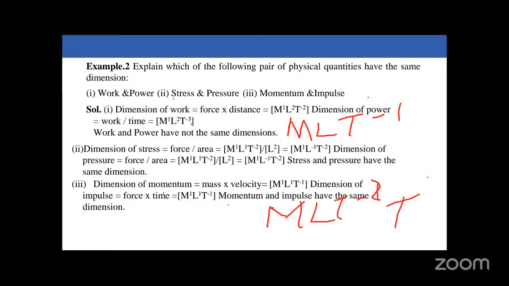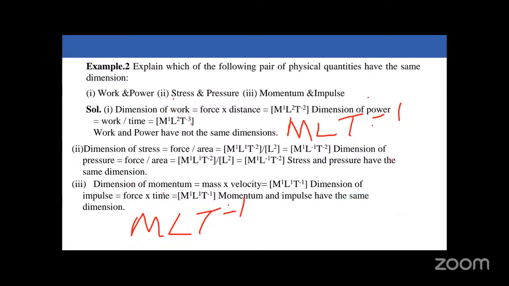Force is MLT minus 2, time is T raised to 1. So if we take these indices, it will give us MLT minus 1. So impulse and momentum have the same dimensions.